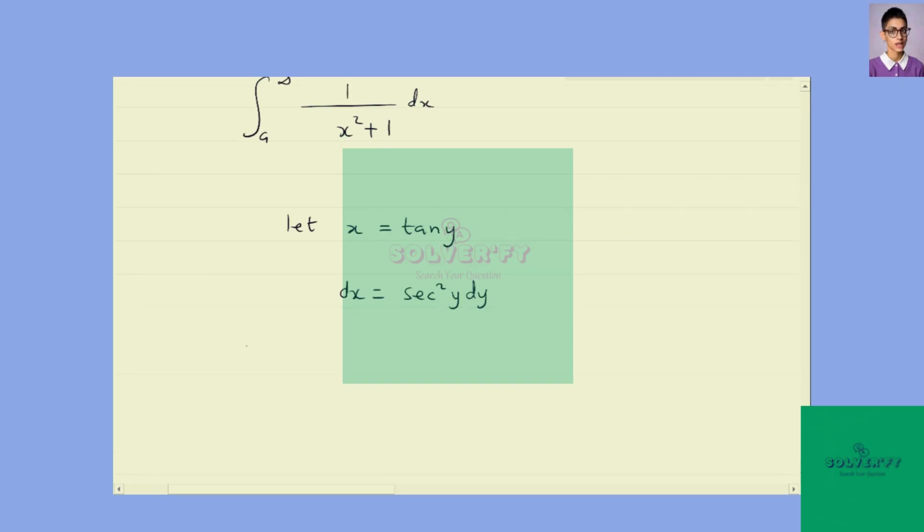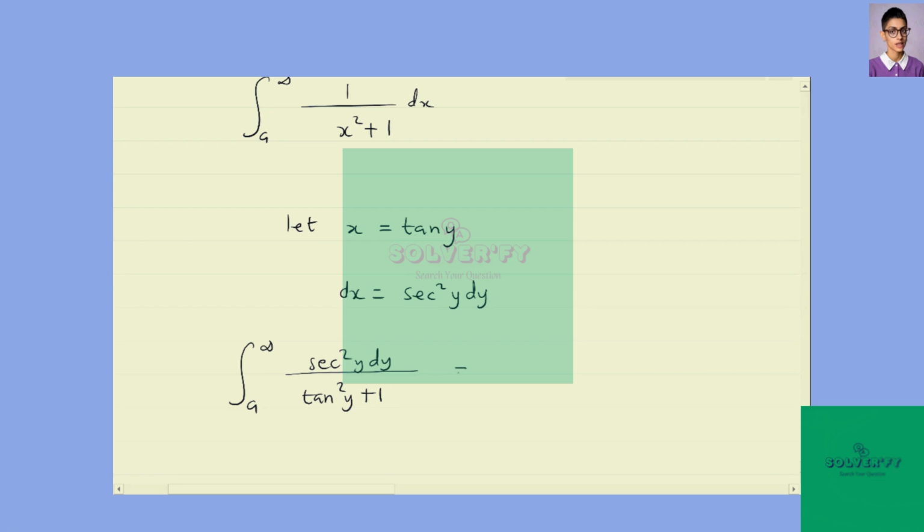So let's go on. So a to infinity. In place of the dx, we'll put sec squared y dy. Then we now have tan squared y plus 1.